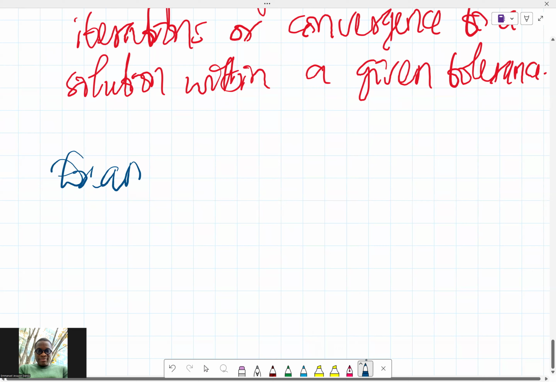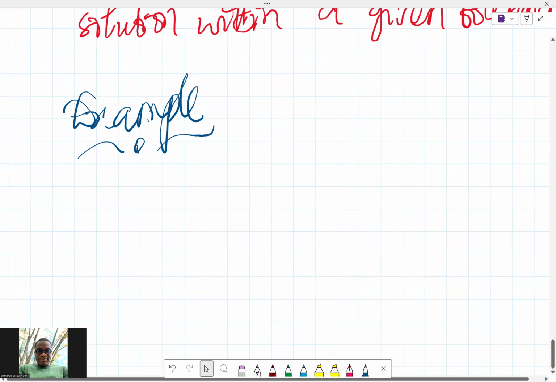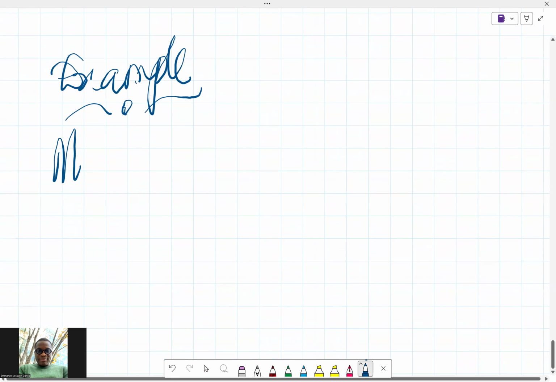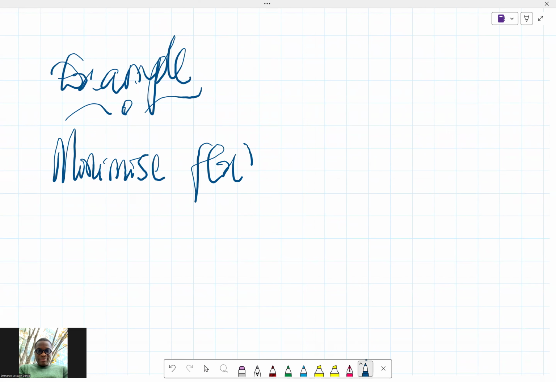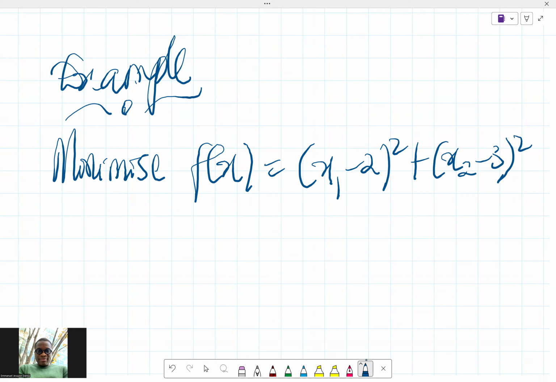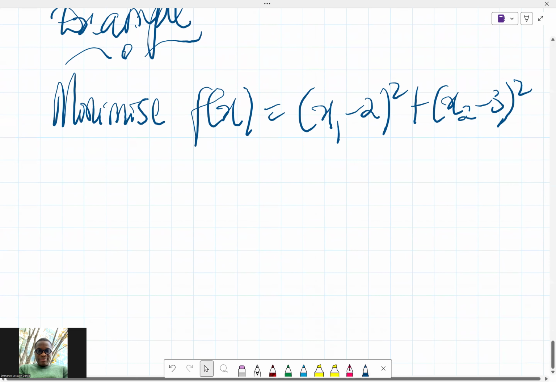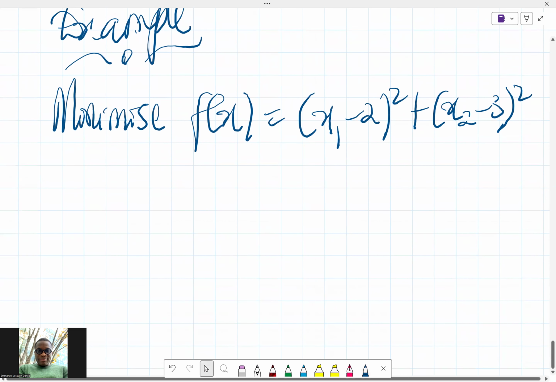Example. We want to minimize f of x equals (x1 minus 2) squared plus (x2 minus 3) squared. That's all we have. No constraint, just that unconstrained problem.